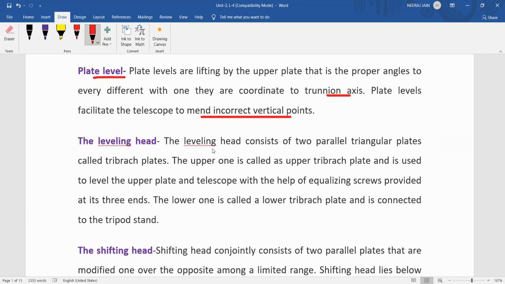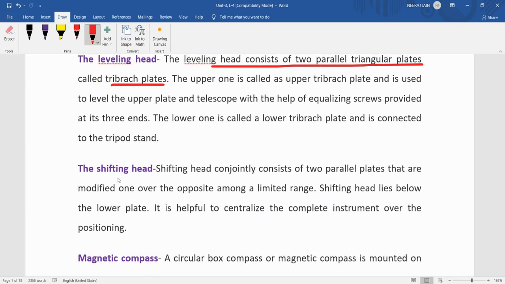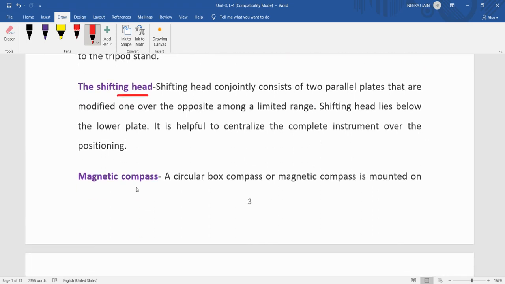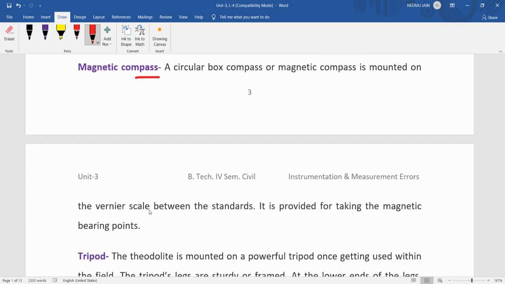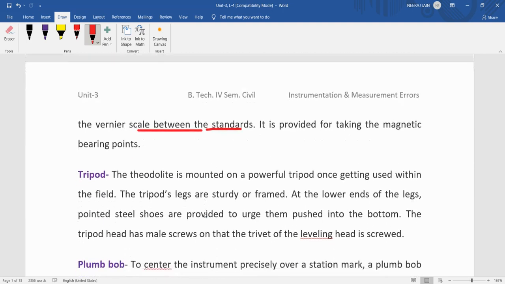Leveling head consists of two parallel triangular plates called tribrach plates, and the shifting head also consists of two parallel plates that can be shifted one over the other within a limited range. Magnetic compass: a circular box compass or magnetic compass is mounted on the vernier scale between the standards.